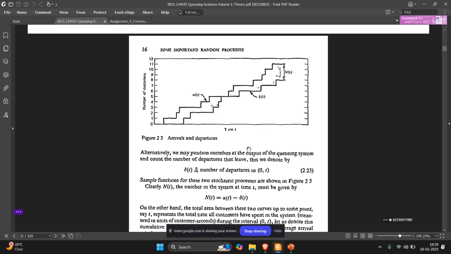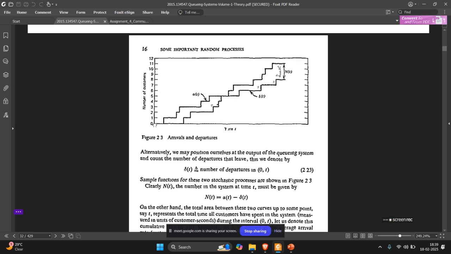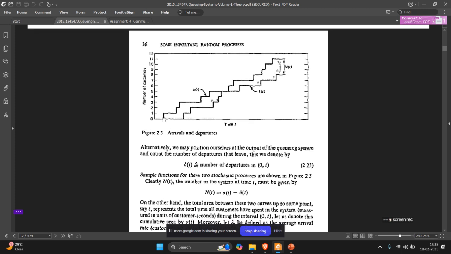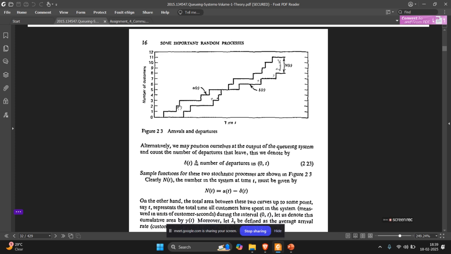We are taking a time frame 0 to t, and in that, packets are coming. Here it was 0 packets, then 1 packet came. After some time, a second packet came, then a third, after a long time a fourth, then a fifth, like that. This is alpha t, the number of packets that are arriving.